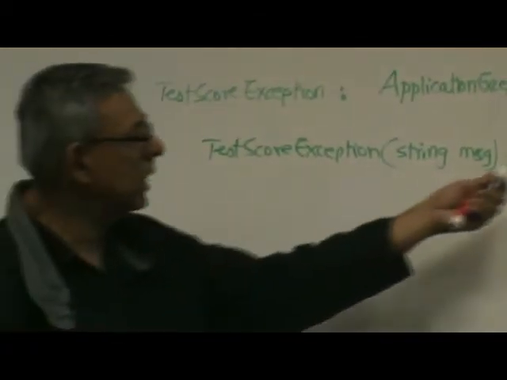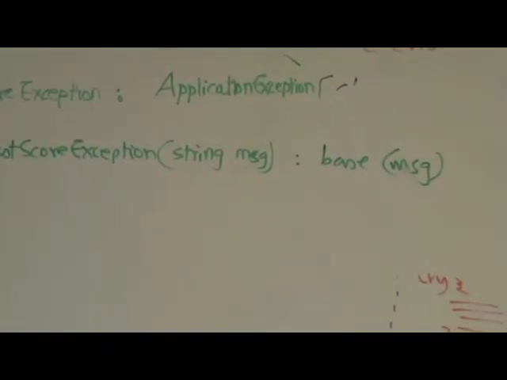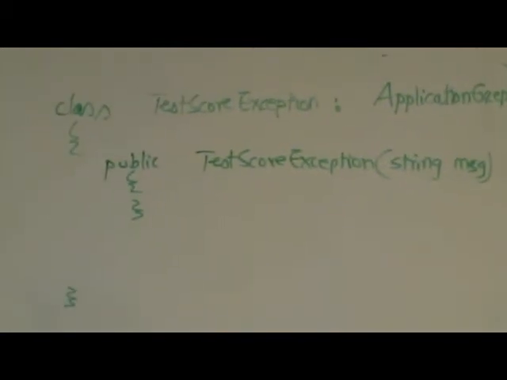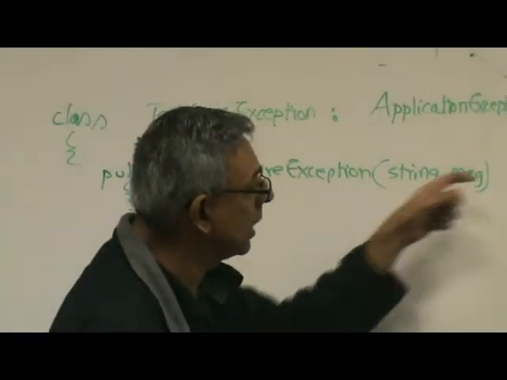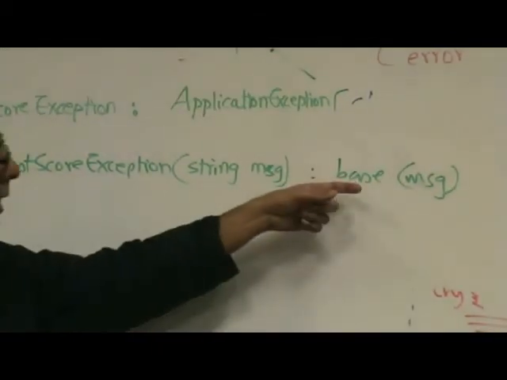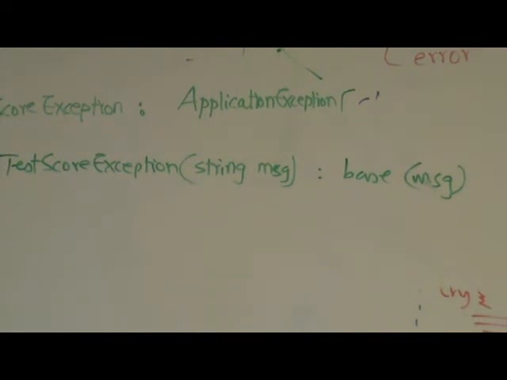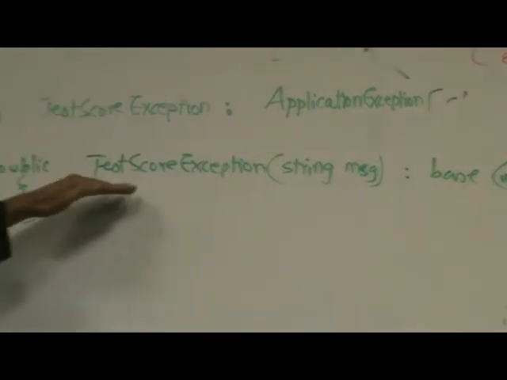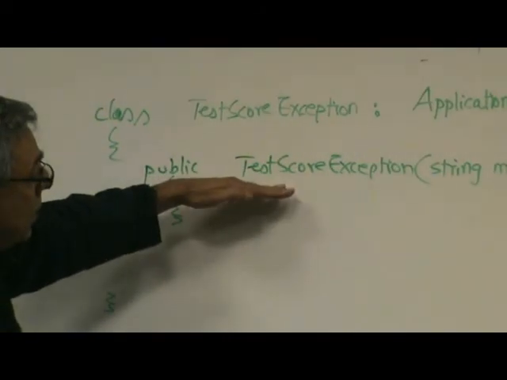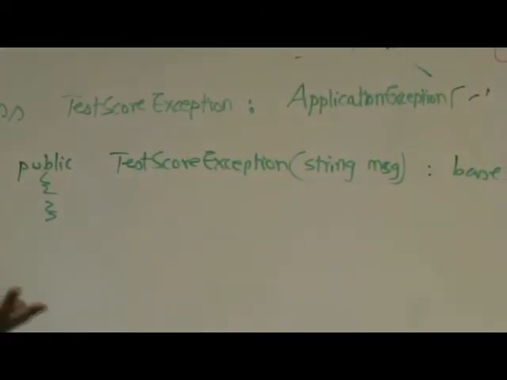Remember, this is called the initializer list. If you have to trigger the base class constructor or any method in the base class, in your constructor, it has to be done before anything else. Just like C++, this will trigger the base class exception. So now, anytime somebody writes throw new test score exception, they can give us a message which we can store.